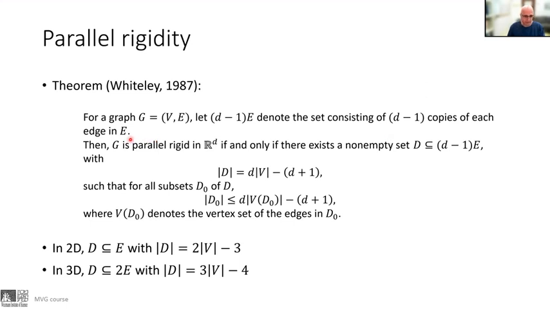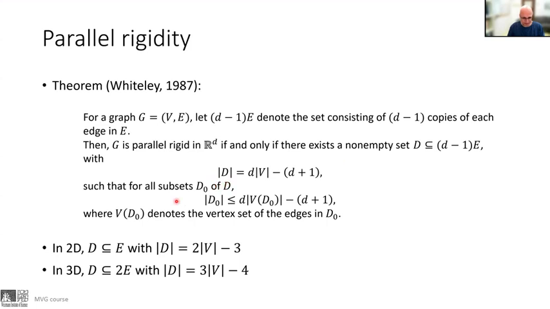And the theorem says that the graph G is parallel rigid in R^d if and only if there exists a non-empty set D, which is a subset of (d minus 1)E, whose size, the number of edges in D, should be d times the number of vertices minus d plus 1. And that's not the only condition.